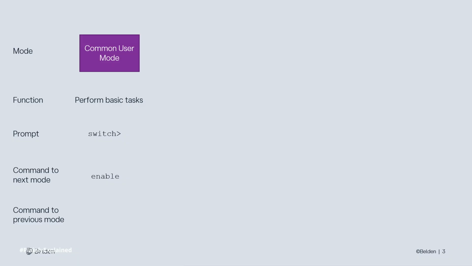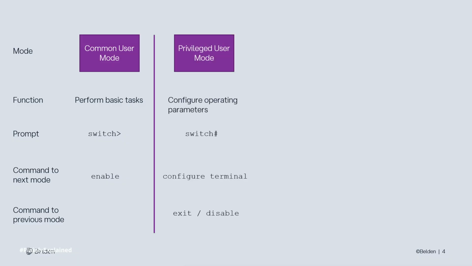It's used for viewing statistics and performing basic network tests. Privileged user mode provides full access to many commands, including those for configuration and management. It's used for viewing and saving configurations, debugging, and accessing other modes.